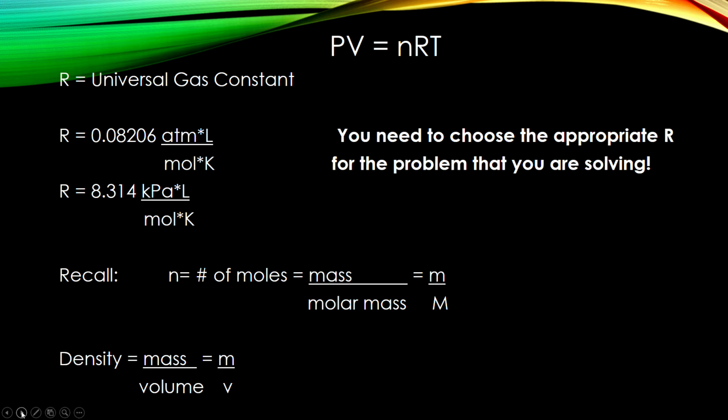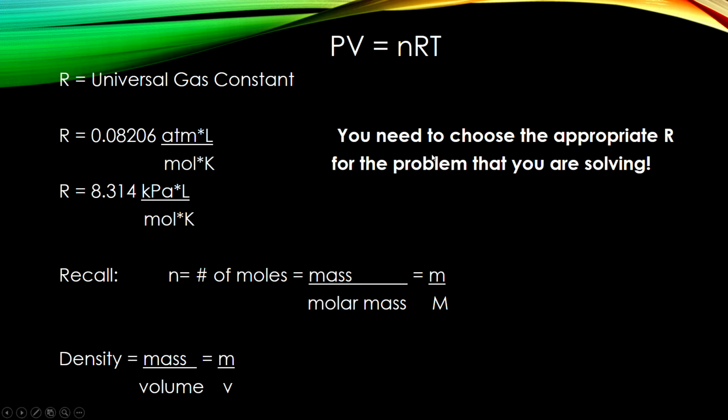PV equals nRT, and we know what everything is in there except for R. R is what we call the universal gas constant, and there are 2 options for it. R can be 0.08206 atmospheres times liters over moles degrees Kelvin, or it can be 8.314 kilopascals times liters over moles degrees Kelvin. These are both listed in the reference folder, but you are going to need to choose the appropriate R for the problem you are solving.